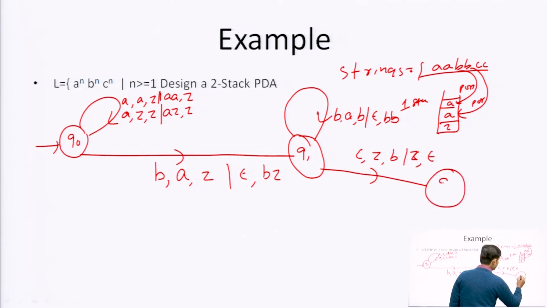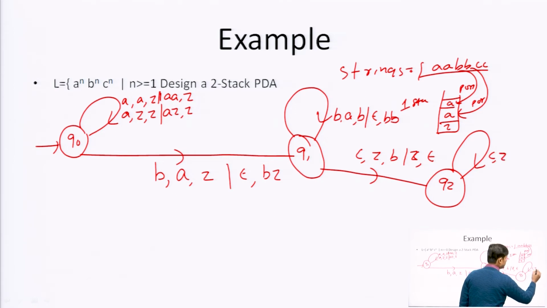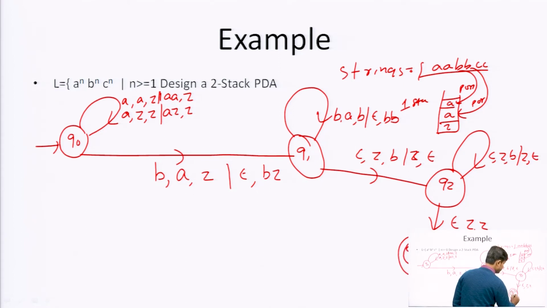Now at Q2 you write the same: C, Z, B, Z, epsilon. Now this is epsilon Z, go to QF, which is the accepted state.